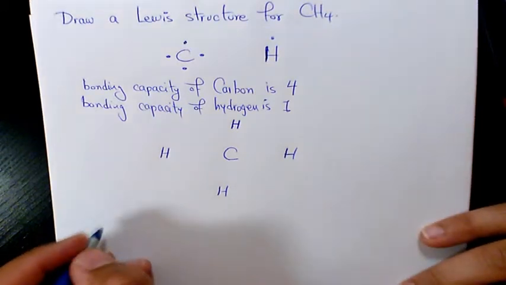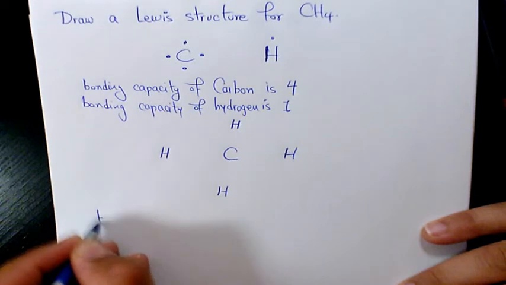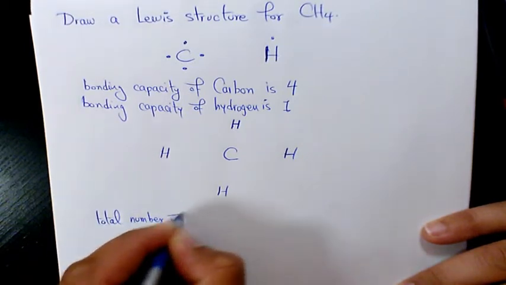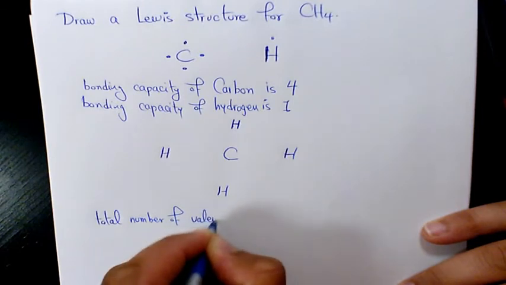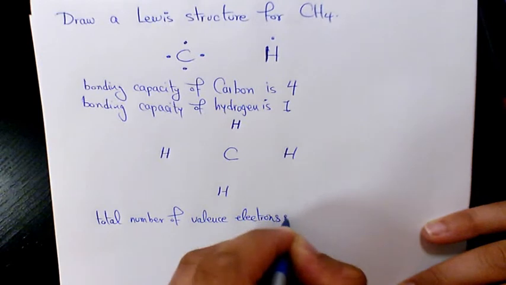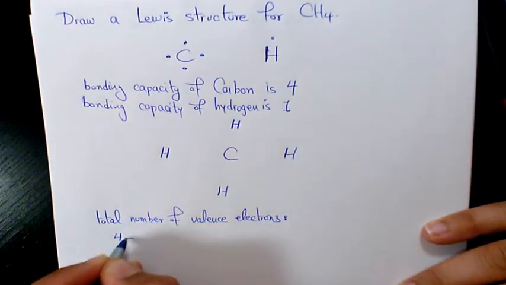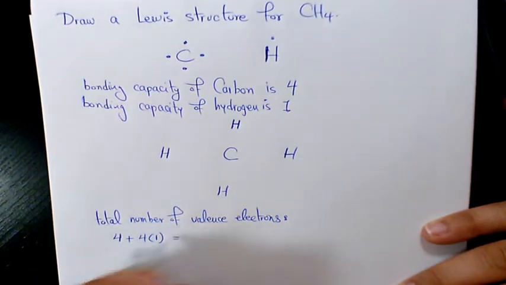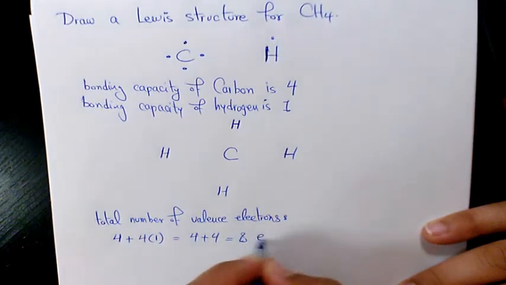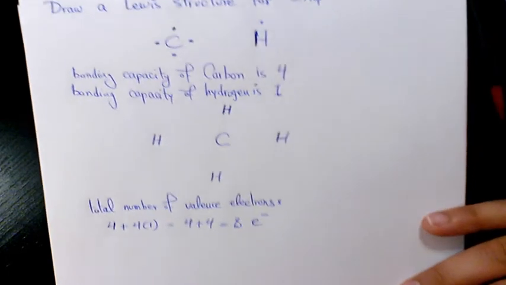So that's gonna be total number of valence electrons, it's going to be 4 plus 4 times 1. It's going to be 4 plus 4. That's going to be 8 electrons in total.